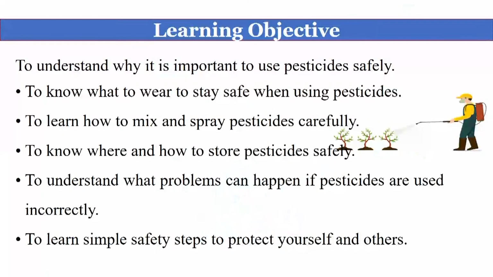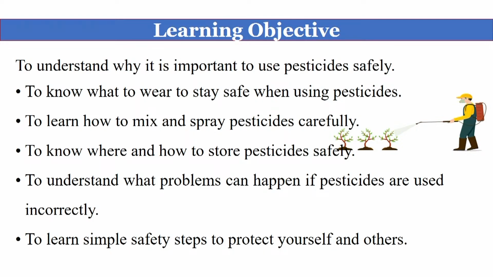Dear learners, the objective for today's session is how to use and handle pesticides safely. The first objective is to understand why it is important to use pesticides safely, and what to wear to stay safe when using them.